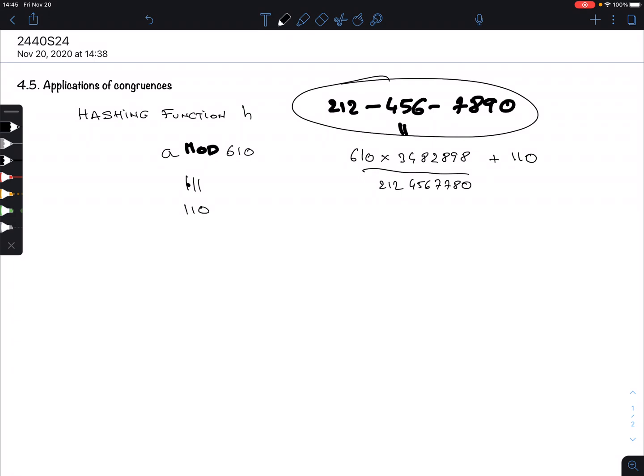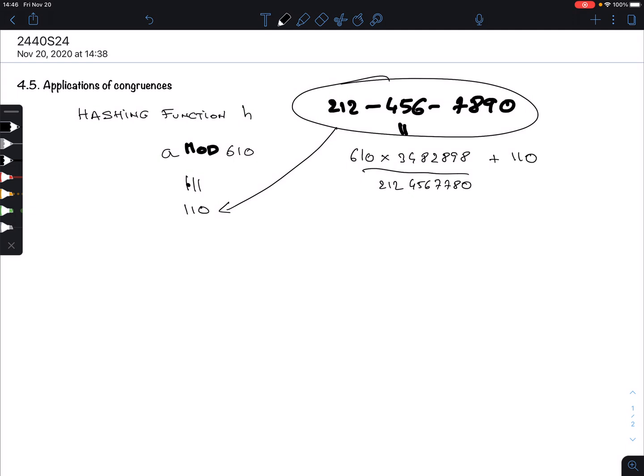I'm just going to calculate this value, 110, and then I look under user 110, and I find all the information there. Now, it could be, of course, that another user has a telephone number that results in the same remainder mod 610.